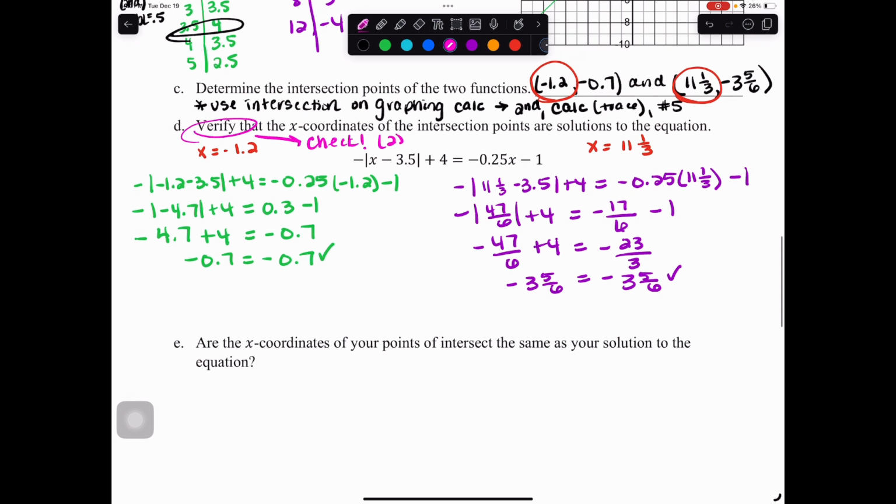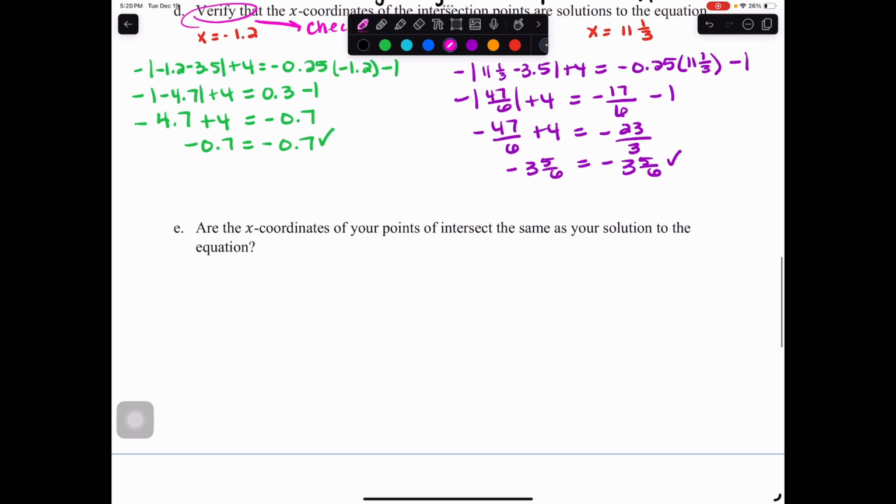So then lastly, are the x-coordinates of your points of intersection the same as your solution to the equation? So we'll say yes.